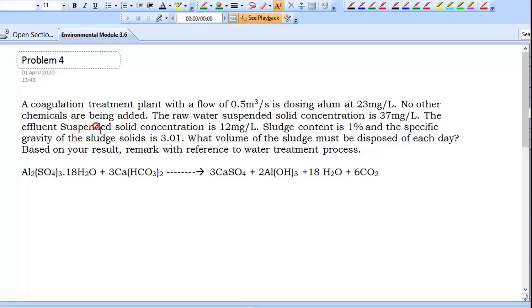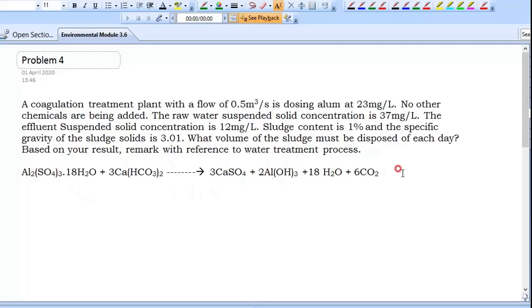The effluent suspended solid concentration is 12 mg per liter. Sludge content is 1%. And specific gravity of sludge solids is 3.01. What volume of sludge must be disposed of each day? Based on your result, remark with reference to water treatment plant. Okay.